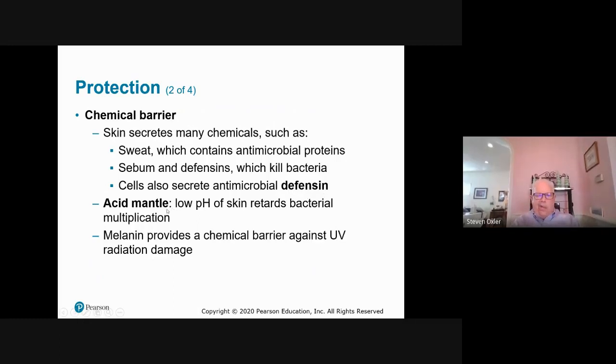Your skin is pretty acidic. It has a low pH, and that retards bacterial multiplication. You also have melanin produced by melanocytes, which protects your skin from ultraviolet radiation. That's the chemical barrier of your skin.